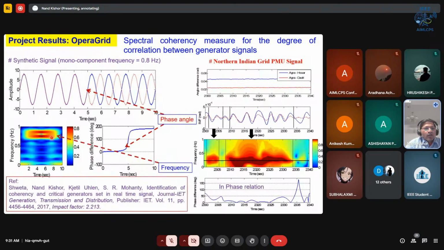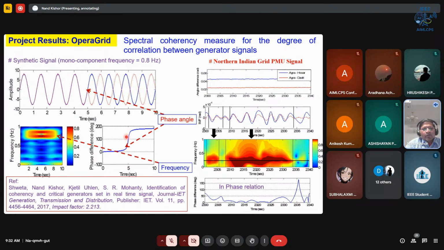And then again in the time domain, the phase information or the phase shift could be detected or known between the signals here.